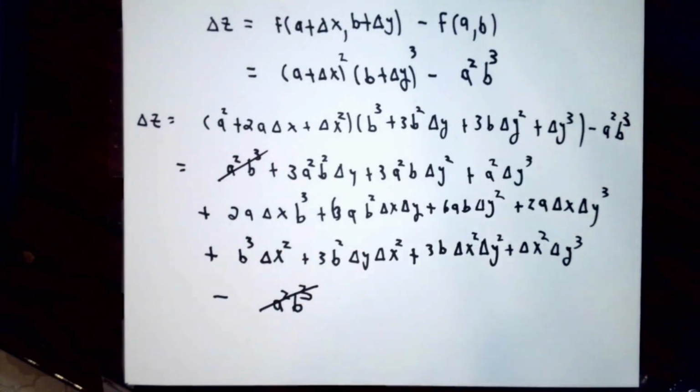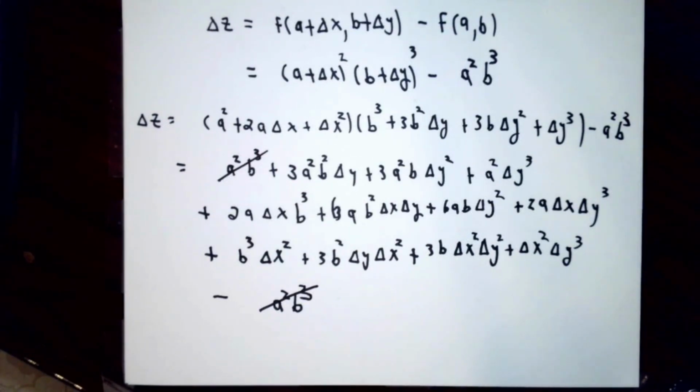What I'm going to do with these remaining horrific-looking collection of terms is group them together into two pairs. In each sum that I'm going to group together, on the one hand, there's going to be at least a delta x in each term, and when I factor that delta x out, whatever's left will still go to 0, as delta x and delta y go to 0.